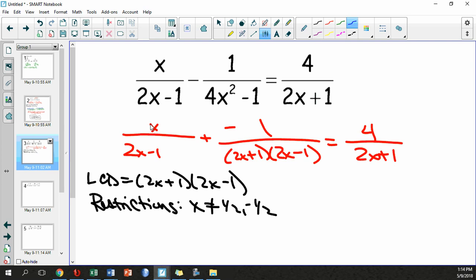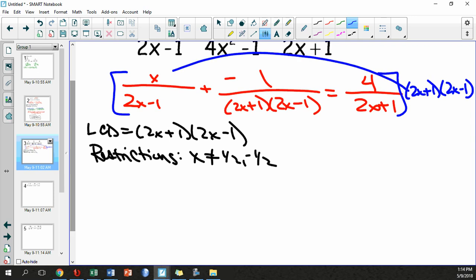Now, how do I eliminate the denominator? Multiply the entire equation by 2x plus 1 and 2x minus 1. Okay? When I do that, what happens here?